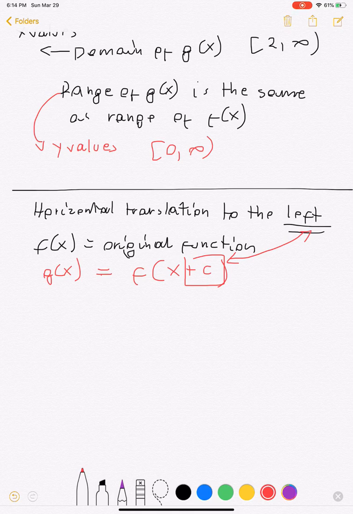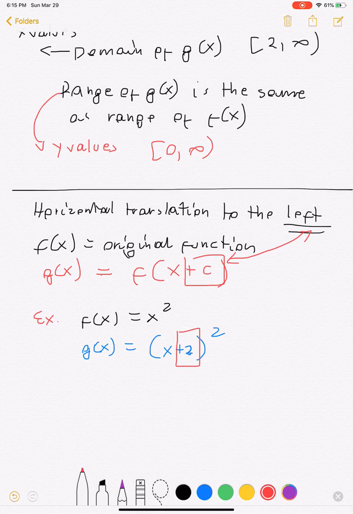Example, f of x, it's equal x squared, and you will have a function g of x, which is equal x plus 2 to a second power. So like you see, we have change involving x value.